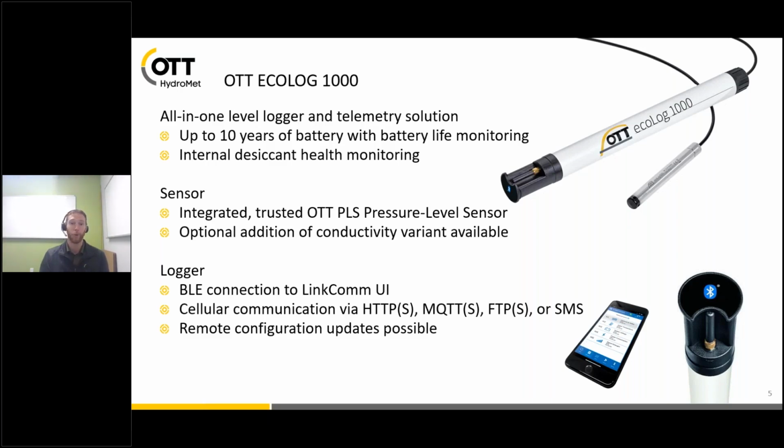And then, as I mentioned, there is the PLS-C, which has that conductivity capability added onto the PLS. The logger itself has a BLE Bluetooth connection to LinkComm, so you can use your smartphone or your PC. Both typically have Bluetooth enabled on them, and you can connect directly to the device in the field without needing to bring any kind of cable or accessory.